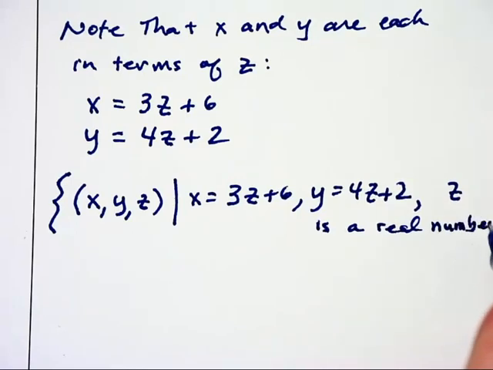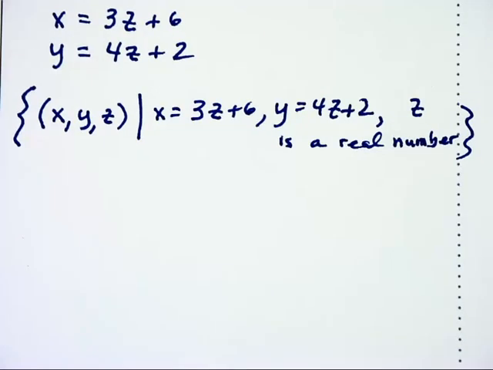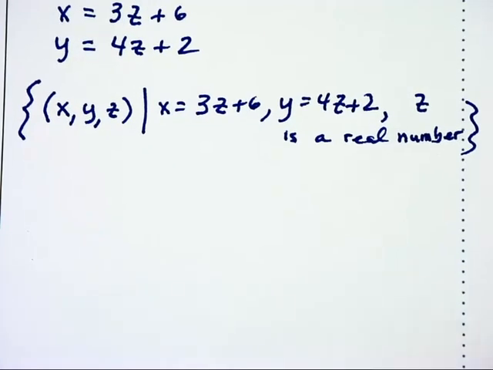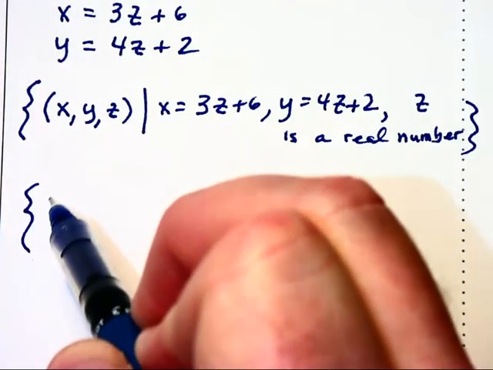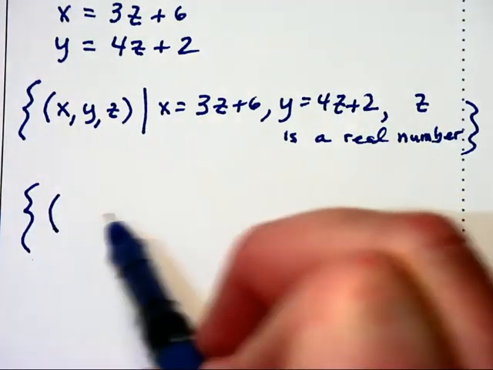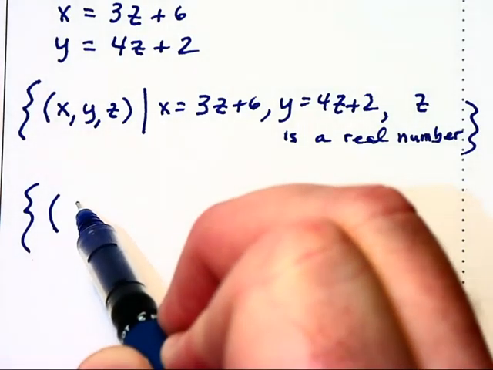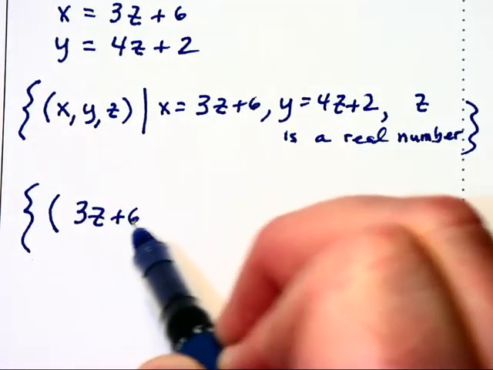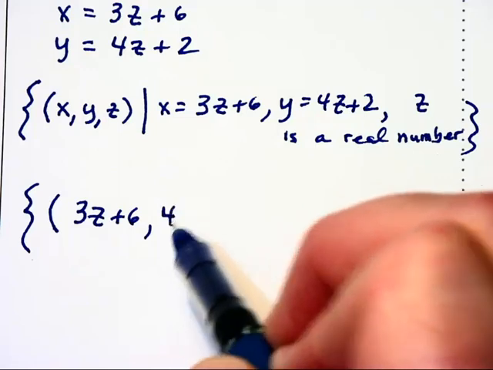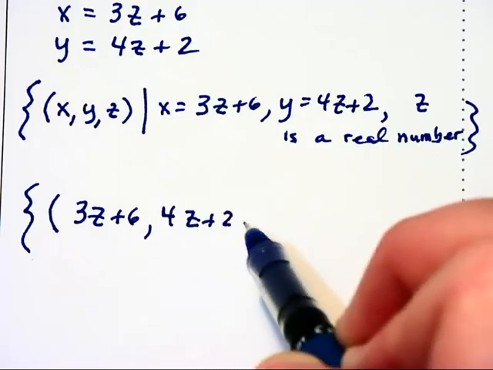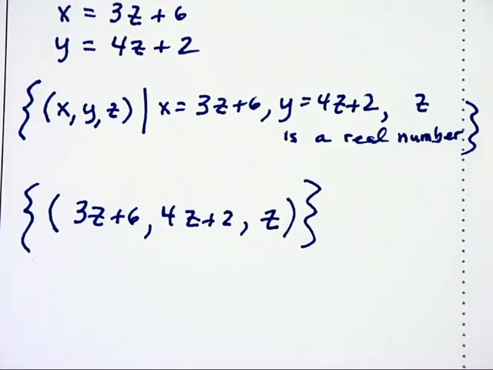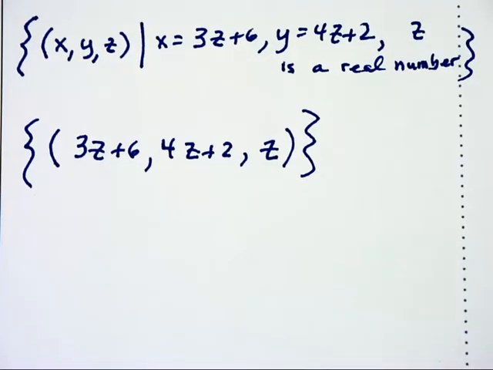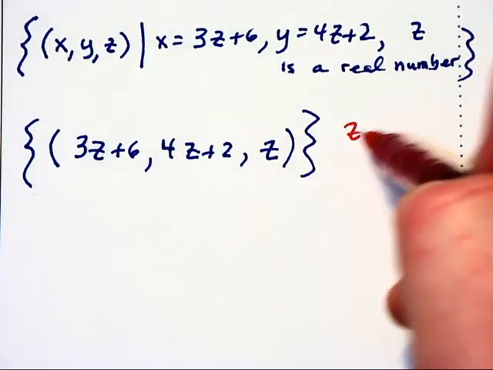Well, usually we take this one step further and we write it in yet another form. We write this in what's called a parameterization, and we say this is going to be something of the form x, y, z, where my x is 3z plus 6, my y is 4z plus 2, and z represents itself, where we say z is the parameter.